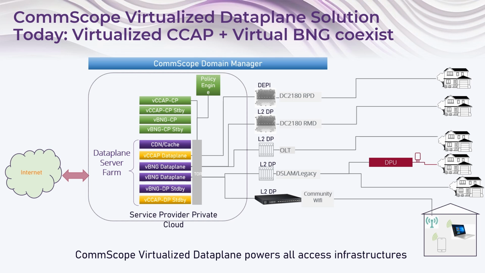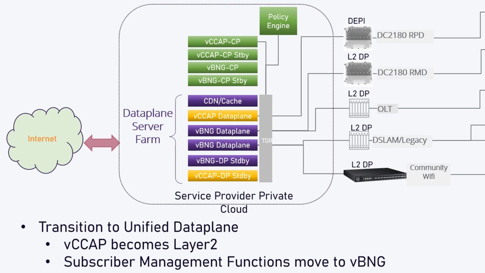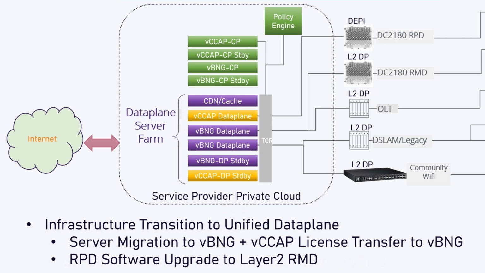And as you transition to a unified data plane, what we can do is basically repurpose the vCCAP and eliminate all the functionality in the vCCAP that can be performed by a vBNG. This is basically software work. Both the vBNG and the vCCAP are at the core highly efficient packet processing engines.